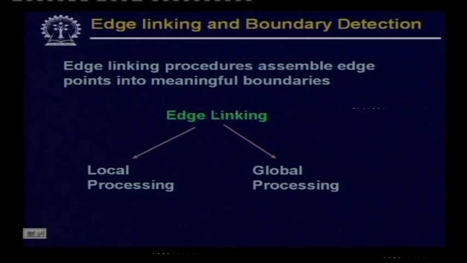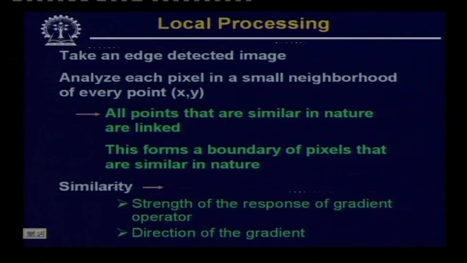We have said that there are mainly two approaches for the edge linking operation. The first approach is the local processing approach, and the second is the global processing approach. In the local processing approach, we take an edge detected image as input, that is, an image containing only the edge pixels. We assume that edge points will be white and all the non-edge points will be black. In this image, we analyze each pixel in a small neighborhood.